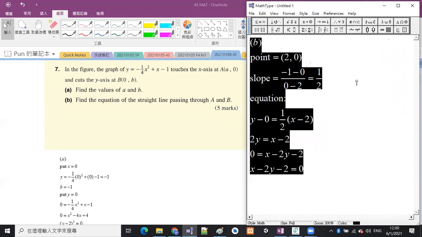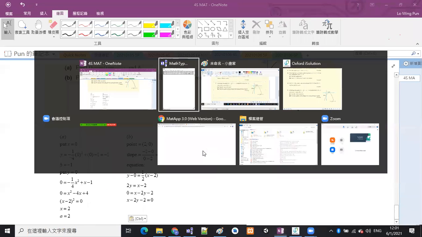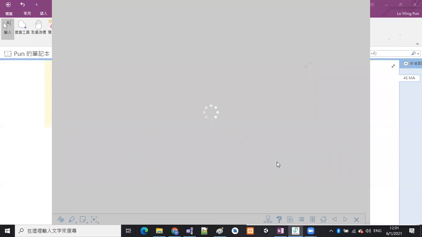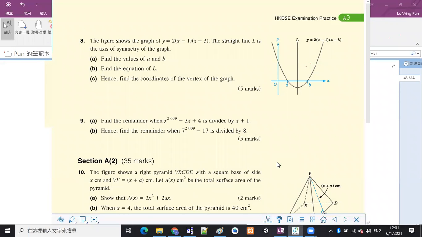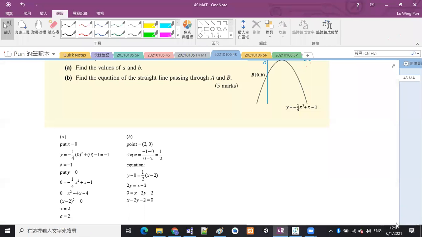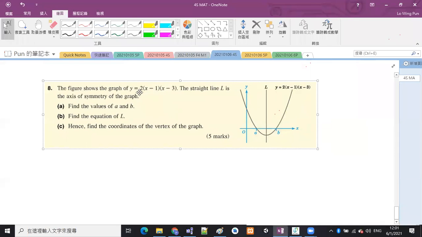Okay? Now I will go through question 8. Figure shows the graph of y equals this.